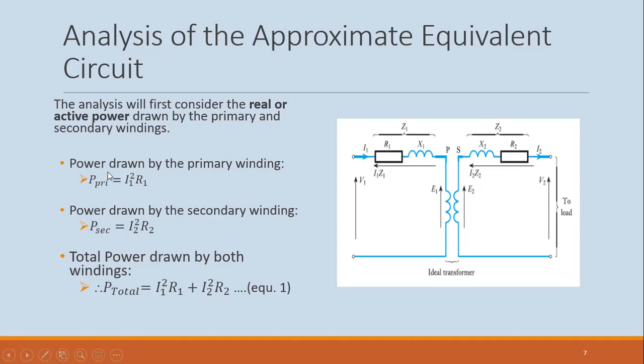So on the primary side, the real power drawn by the primary winding would be I1 square R1. While on the secondary side, the real power drawn by the secondary winding would be I2 square R2. So therefore, the total power drawn by both windings would be I1 square R1 plus I2 square R2.